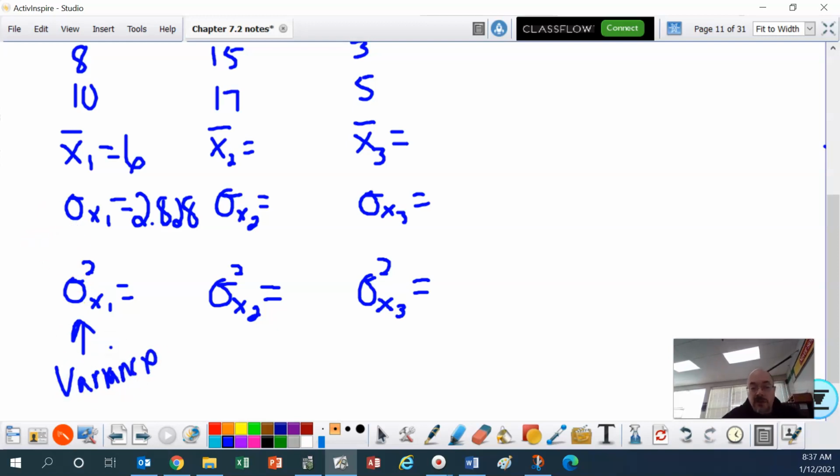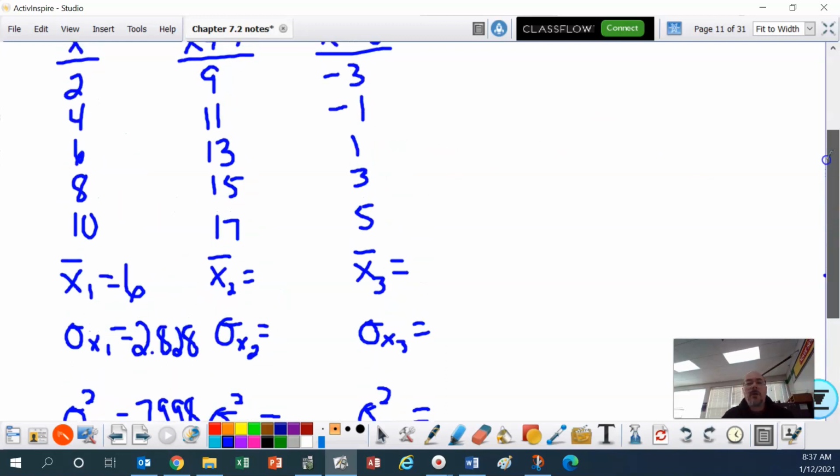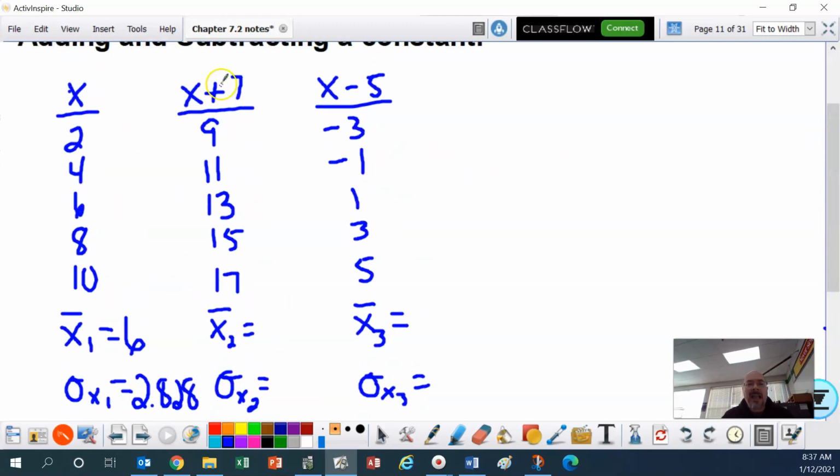Take and square the standard deviation. I'm going to get, and I'm going to round this, 7.998.